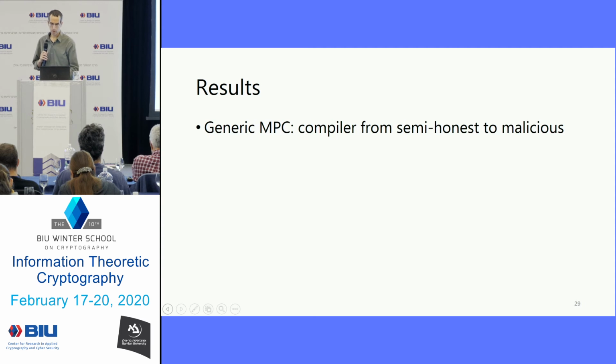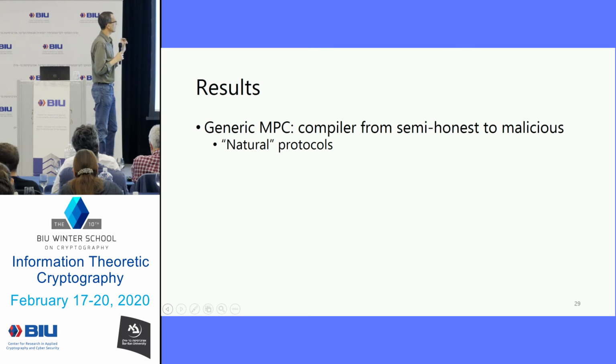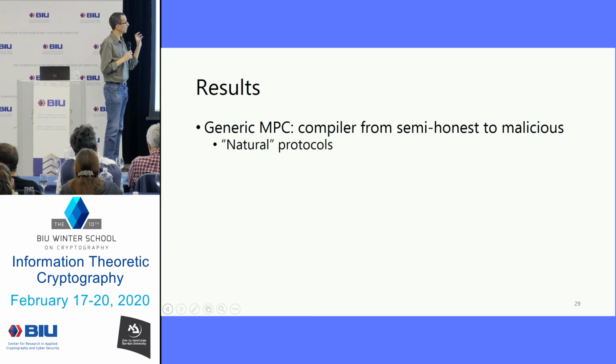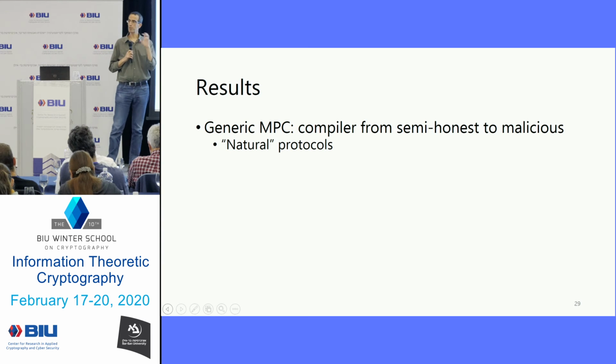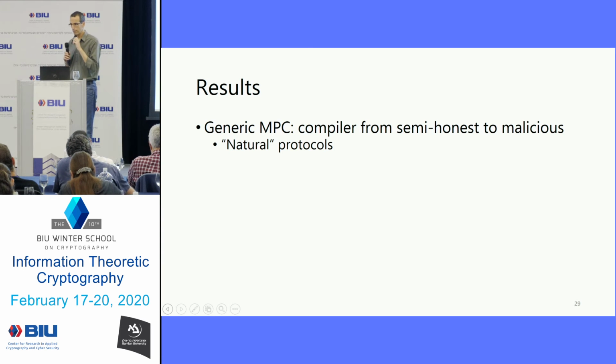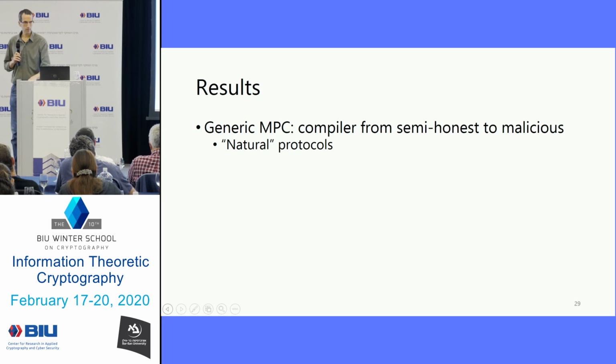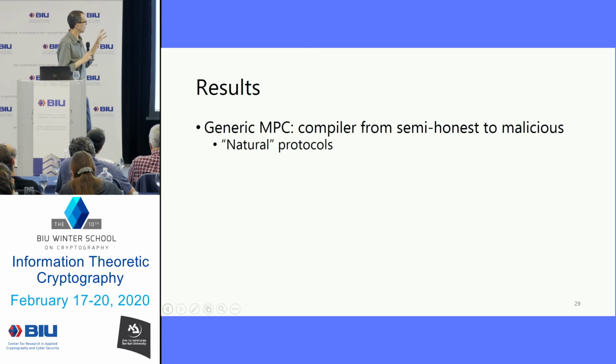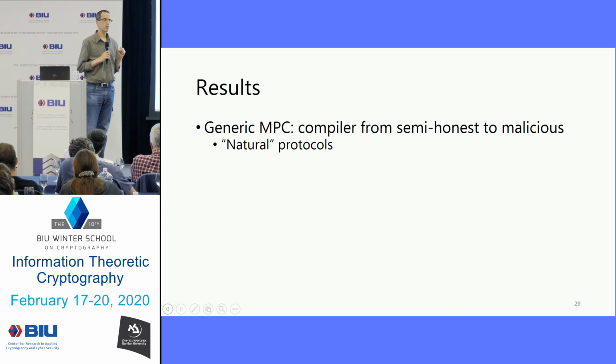So here are some of the results. I'm not going to talk about all of them. I'm just going to show one as a taste. So for general MPC, we compile from semi-honest to malicious. We have this very specific type of idea on which protocols can be compiled. We call these protocols natural protocols.